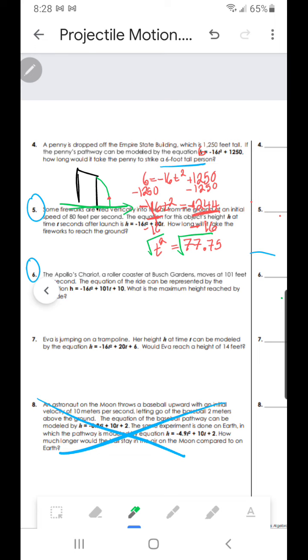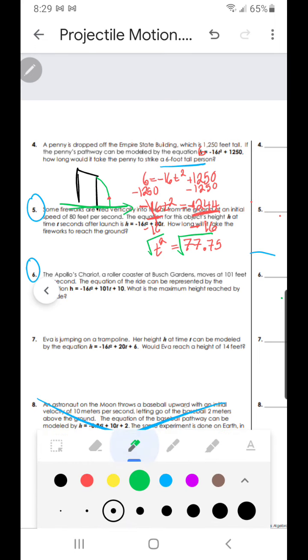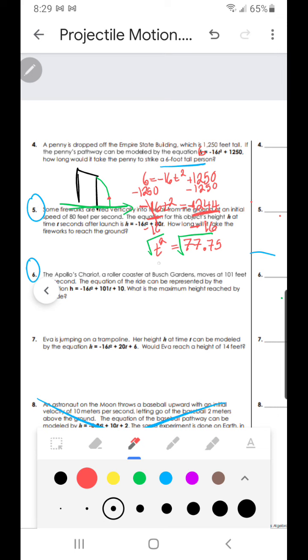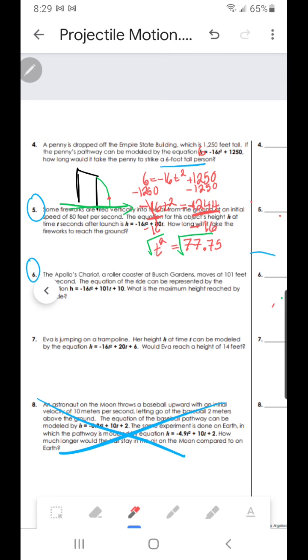So I really am only going to care about the positive solution, and I'll ignore the negative right now. So the square root of t squared is just t, equals, put that into a calculator, roughly 8.82 seconds.